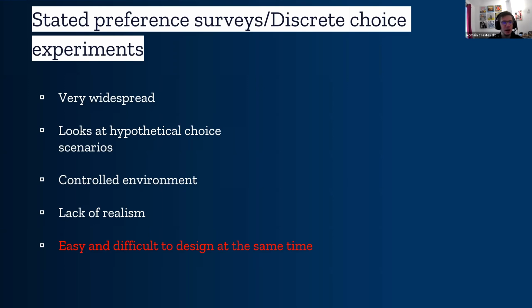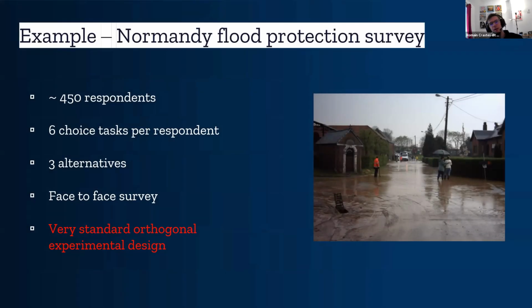But it's still complicated to design at the same time. So I'm going to take an example from my PhD thesis, which is, I think, 8 or 9 years ago. This data has been collected. The models we're going to estimate today aren't necessarily relevant for policymaking.